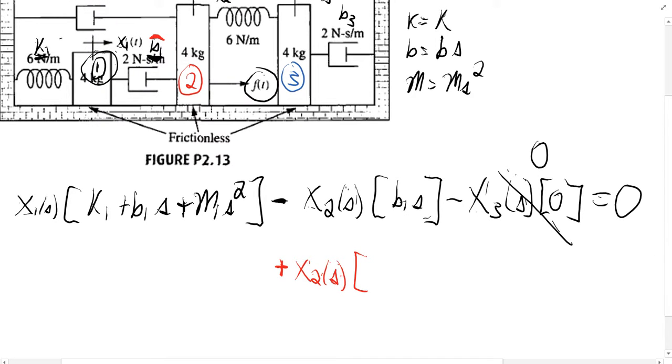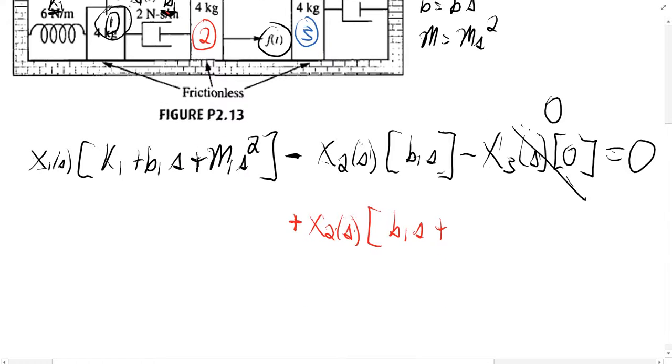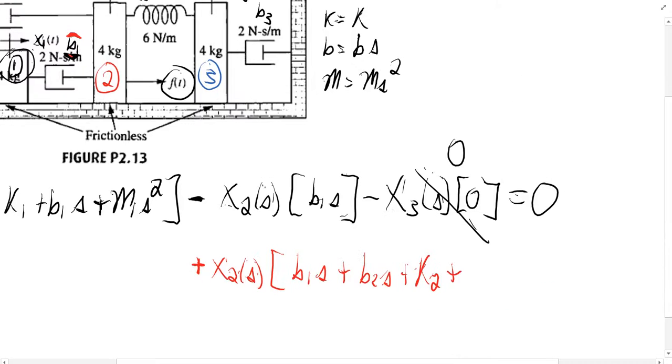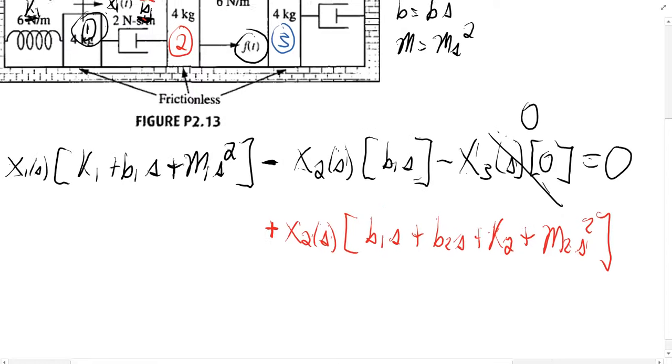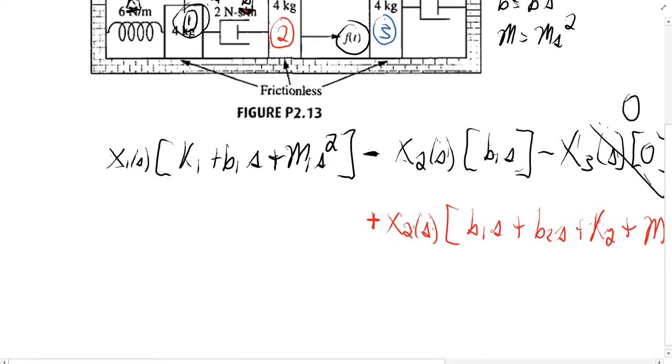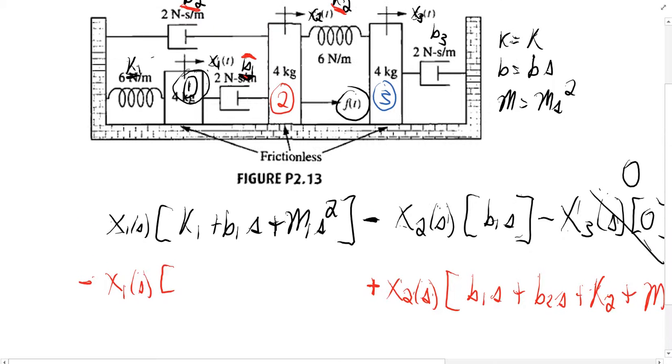So we do B1 of S plus B2 of S plus K2, and let's not forget that the mass is obviously connected to itself, so M2 S squared. So that concludes the part for the X2. Now we're going to subtract X1 in a similar way with the currents and see what are the components that are being shared by the first mass and the second mass, which again is this B1. So we just write B1 of S, and that's pretty much it.